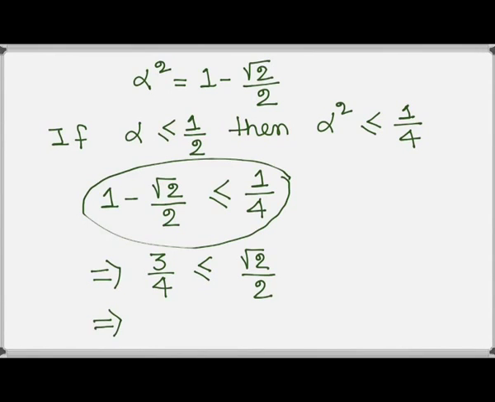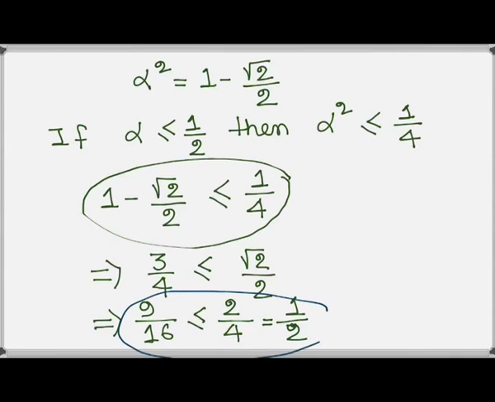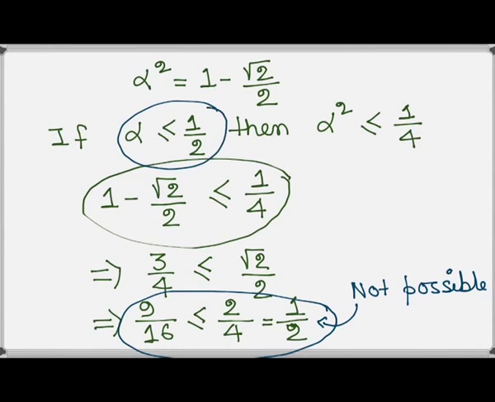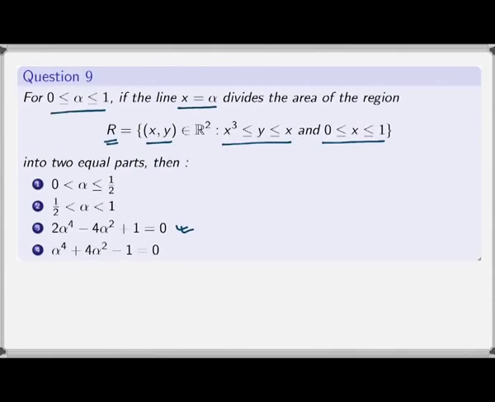Now squaring this we obtain 9 by 16 is less than or equal to 2 by 4, that means half. But we know this is not possible. Therefore, alpha cannot be less than or equal to half. Hence, the option 1 is not correct, and so therefore option 2 has to be correct.